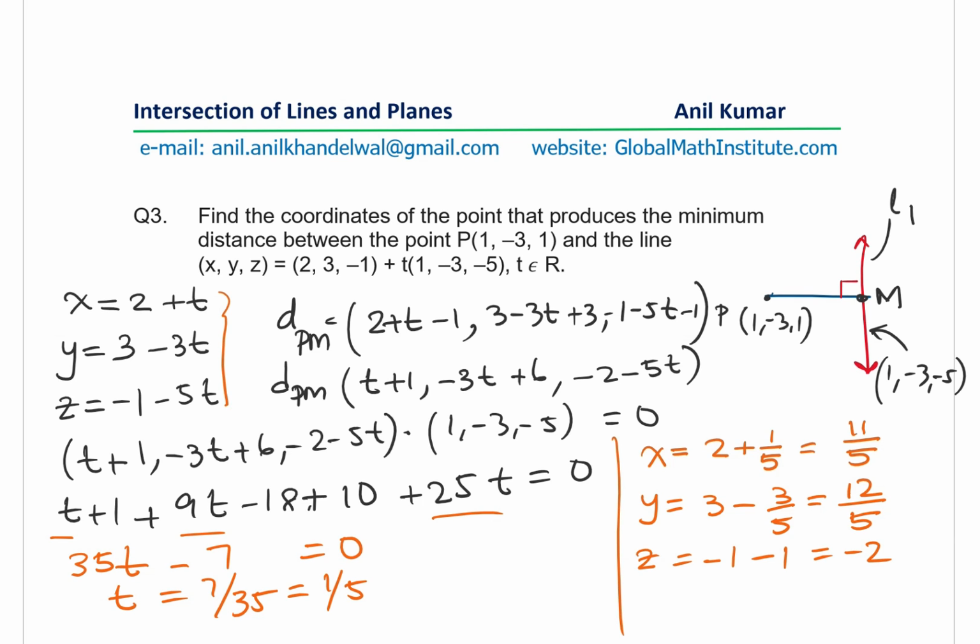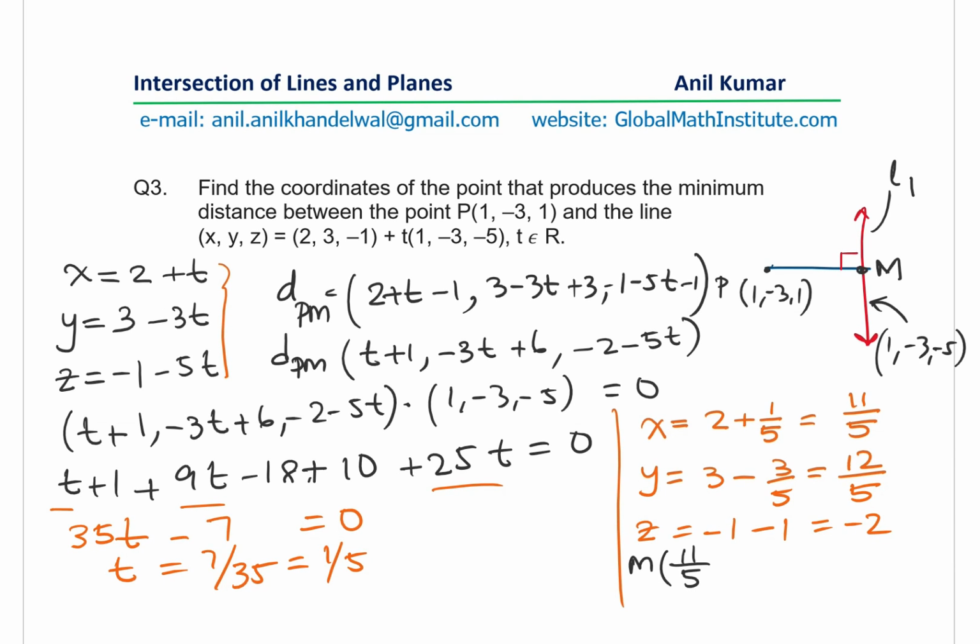So we get our answer: the point M, which produces the minimum distance, is (11/5, 12/5, -2). Correct? So that becomes the answer for us.